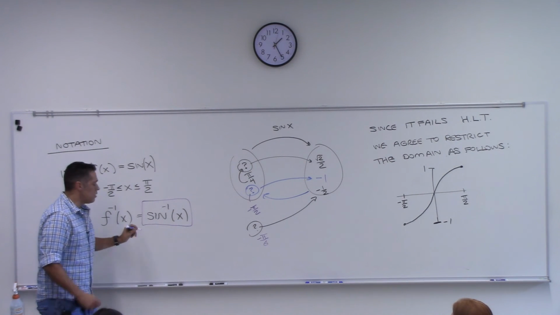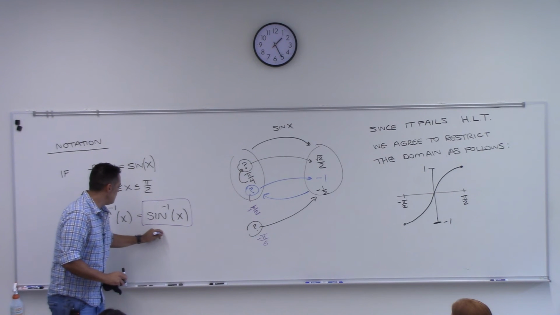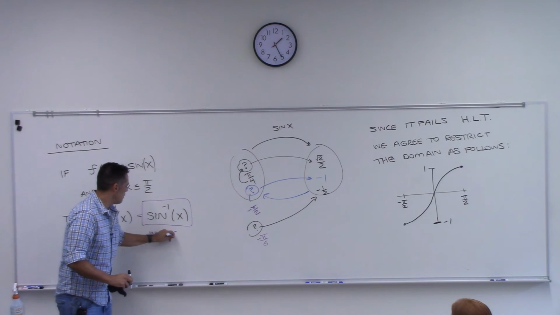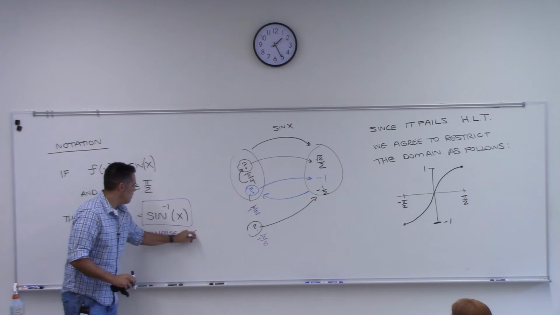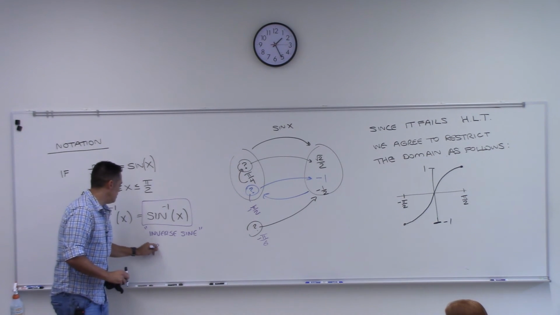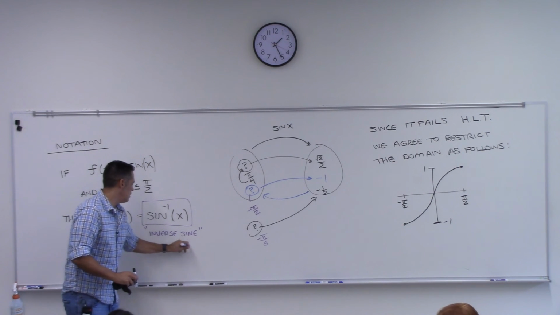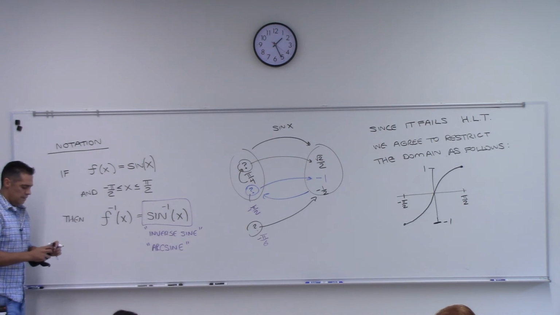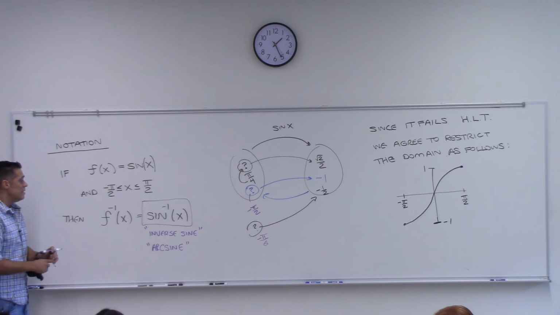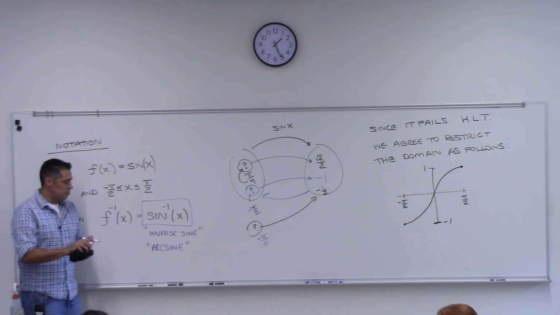There's two different ways you can refer to this. You can call this the inverse sine, or it's also called the arc sine function. So that's the notation we use to represent the inverse of the sine function.